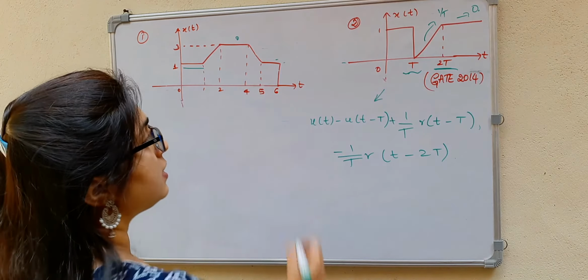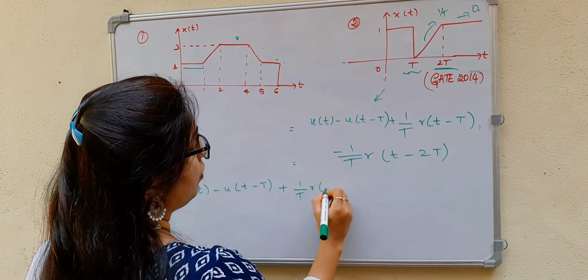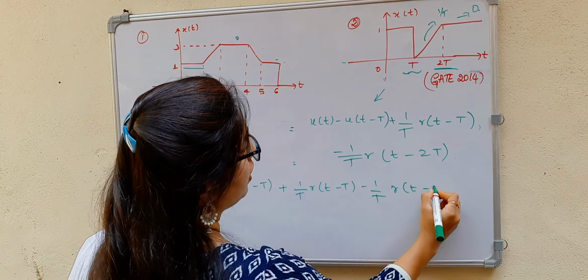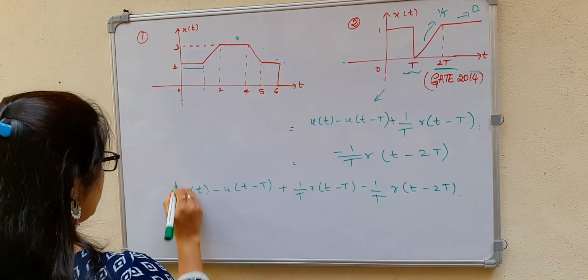Okay, so this is your answer: u of t minus u of t minus t. Then you can write this as 1 by t r of t minus t minus 1 by t r of t minus 2t.